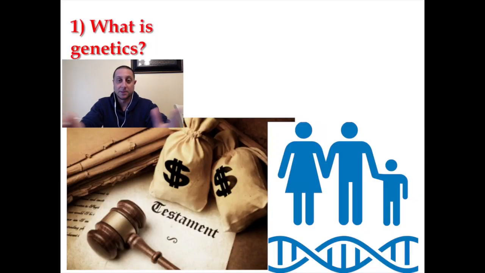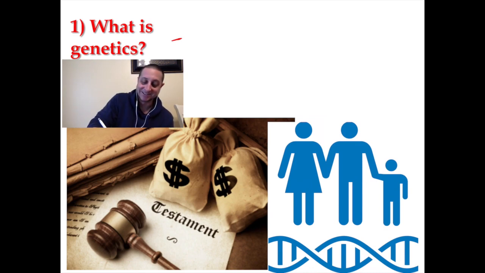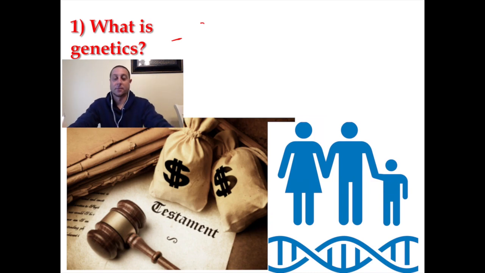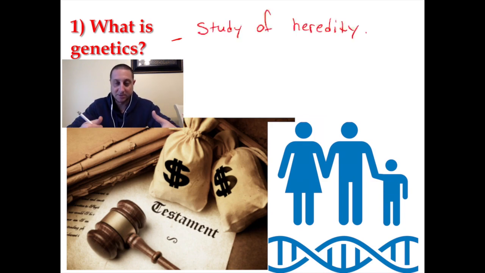Any ideas? Genetics is the study of heredity. What does that mean? If you take a look at my picture over here, I have some money, right? If you inherit money, that means you're getting it from somebody else.